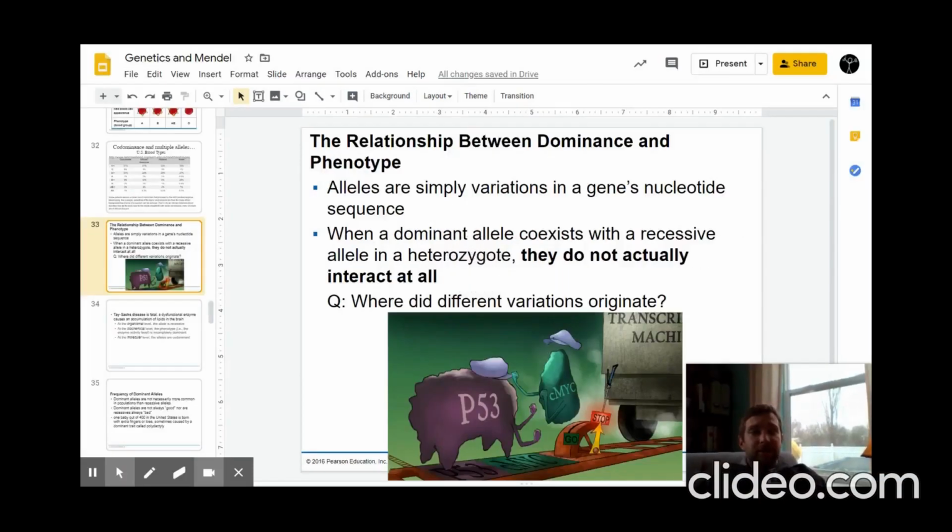So where did all the variations of different alleles originate? They originated with mutations, of course. So we are all different mutants of past alleles. And those mutations sometimes end up expressing or producing some sort of new protein, and those are dominant alleles. And sometimes those mutations end up being a loss of function, and those are recessive alleles.